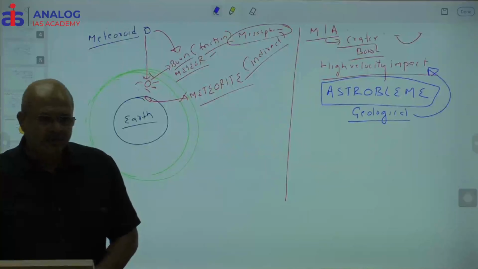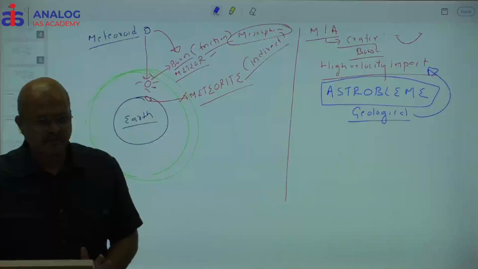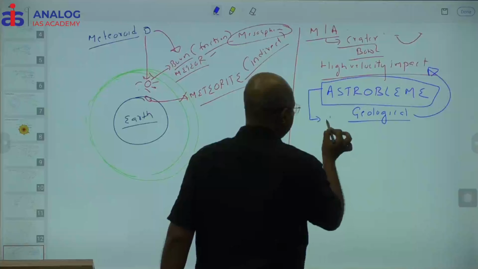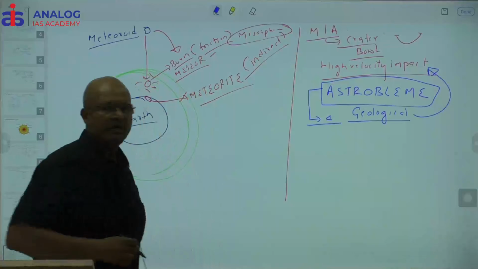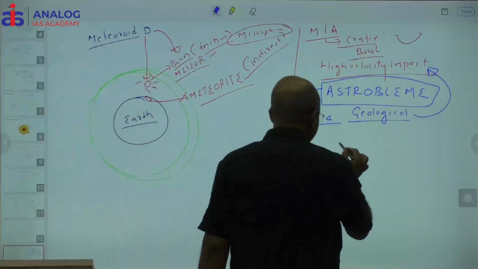And these astroblemes are responsible for the formation of certain lakes that are there in the world. And in India, we have four astroblemes which are very well present.